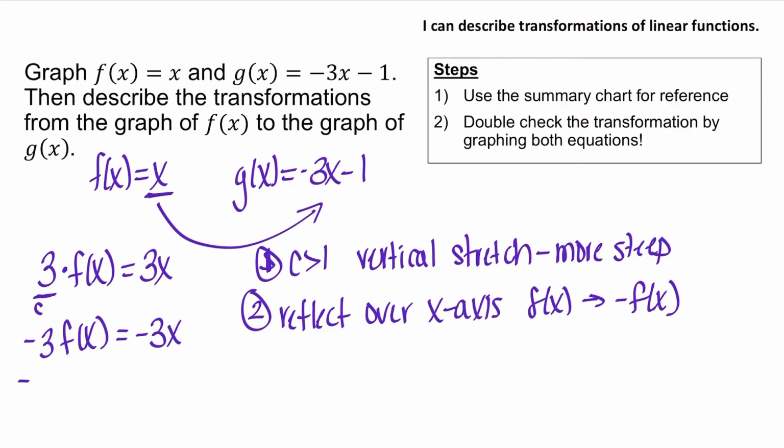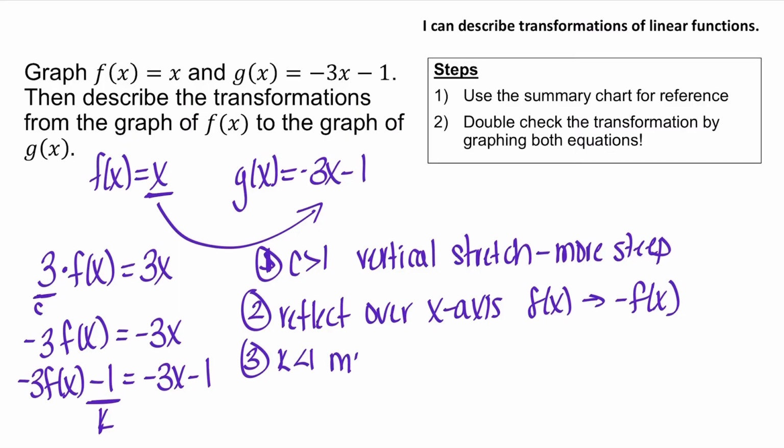I took negative 3f(x) and then subtracted 1, and that's how I get negative 3x minus 1. So the third change is a minus 1, which is my value of k. Since k is less than 0, that means that I moved down 1 unit. Those are the three transformations that take f(x) to g(x).